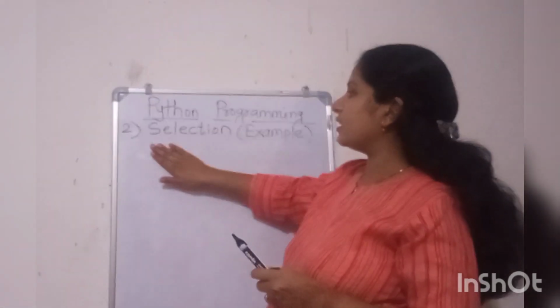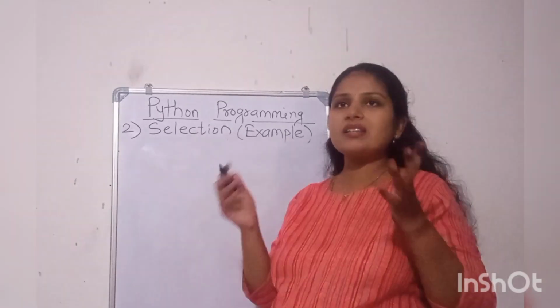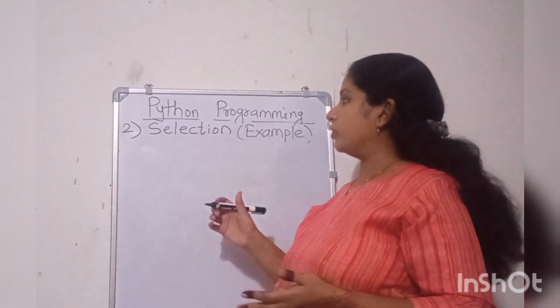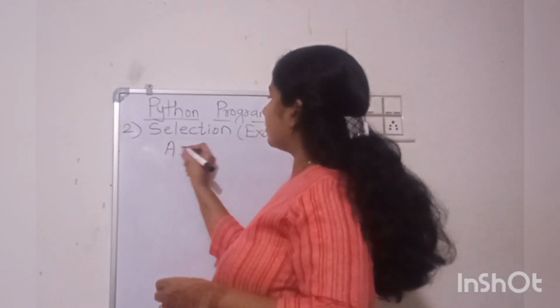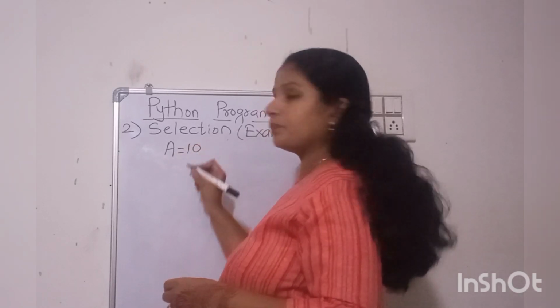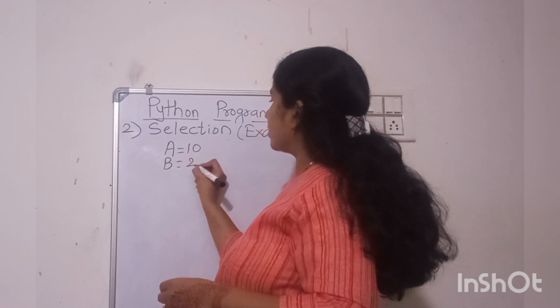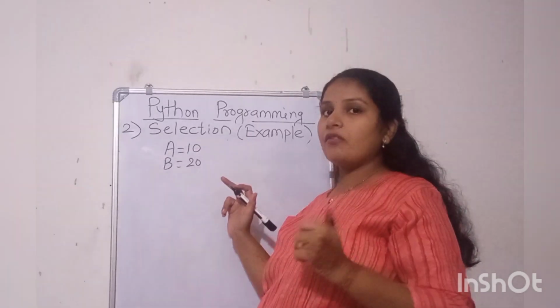Before placing the condition, I am assigning values first, because we need some data to execute further operations. Suppose I am taking two variables: a, my first variable, 10, and b, second variable, 20. Now I am going to compare these two variables.